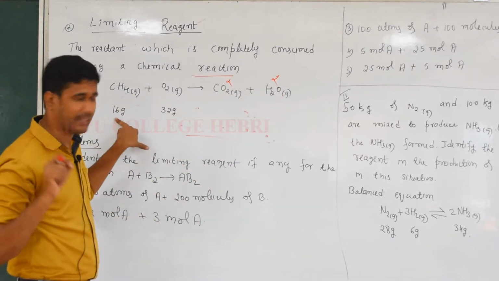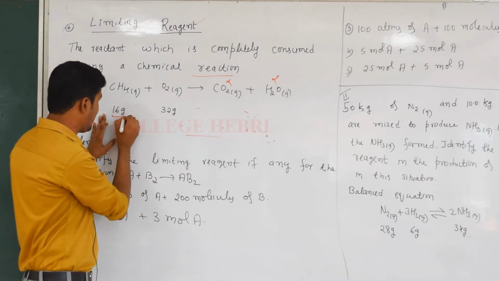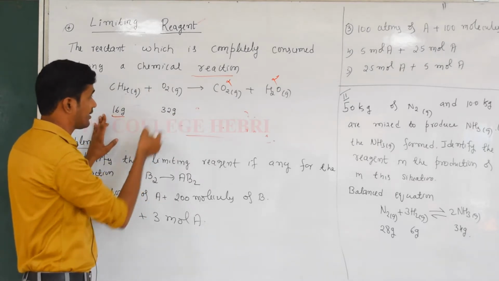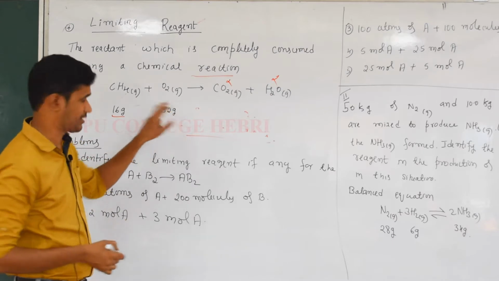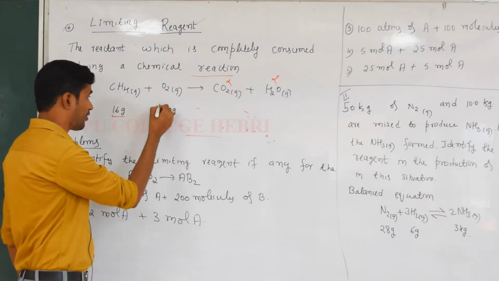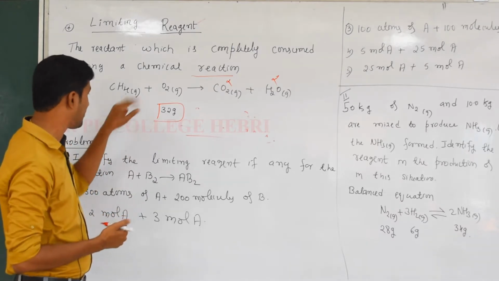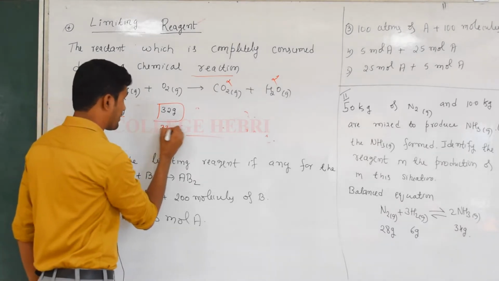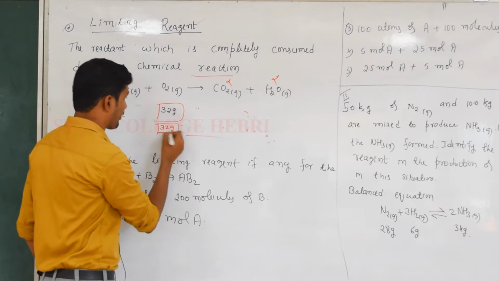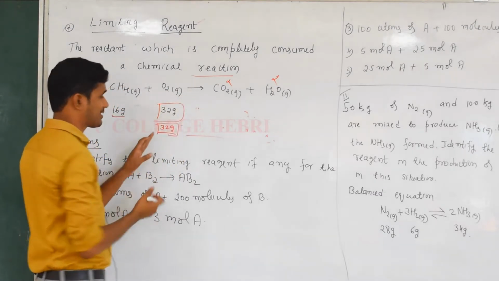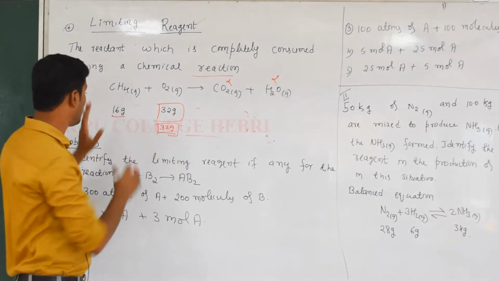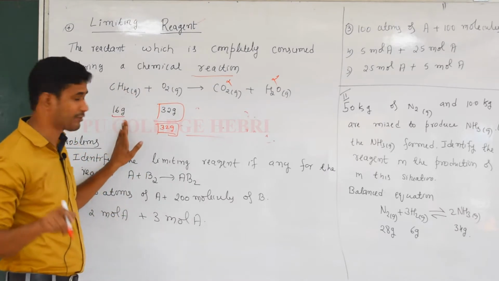In the stoichiometric equation, look at this, 16 gram of methane combusts with 32 gram of oxygen. The minimum amount of oxygen required for the complete combustion of 16 gram of methane is how much? That is equal to 32 gram. If the amount of oxygen is less than 32 gram, all the 16 gram of methane is not going to combust.